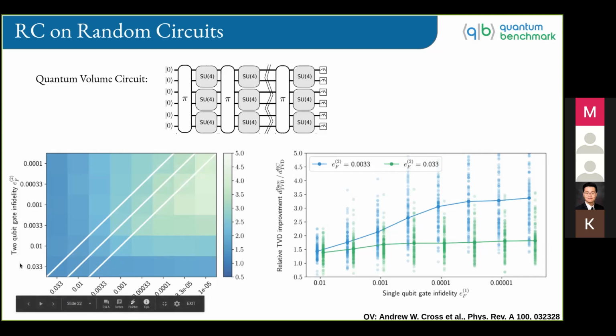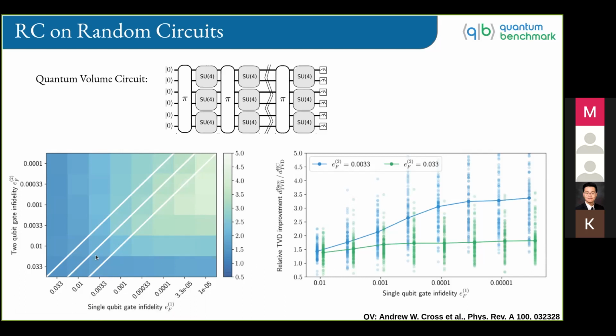And on the y-axis, we plot the 2-qubit gate infidelity. And on the color, we plot how much better the circuit is with randomized compiling. So 5 means 5 times better. And the metric we're using to quantify this is total variational distance. So basically the probability that the device reports the correct output bit string.